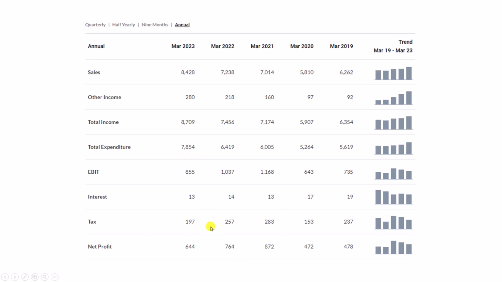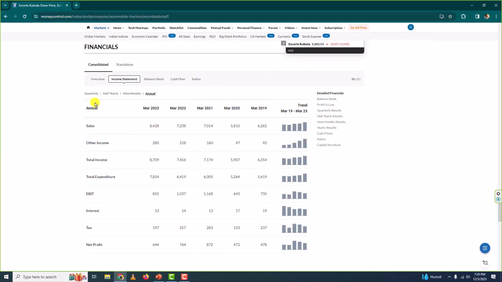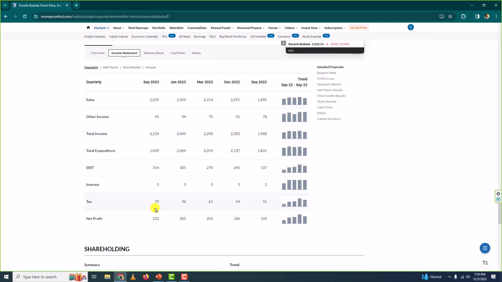Okay, now when you look at this declining profit, you can go into the quarterly profit and loss statement and see how it is performing from quarter to quarter. Okay, so let us go and do that. All right, I'll click on quarterly now to see the quarterly statements.